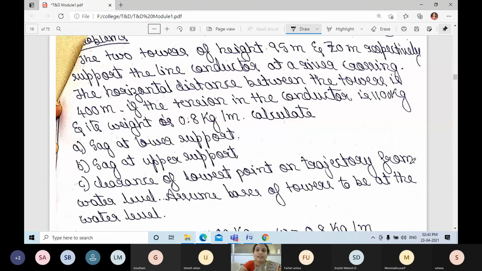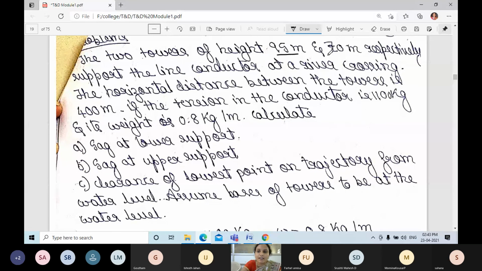We know the values given: one support is 95 meter and another support is 70 meter, and here one conductor is connected from A to B, and the lowest point here is O. This is 95 meter and this is 70 meter.